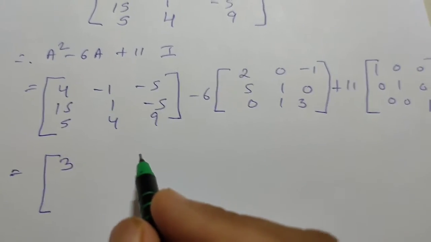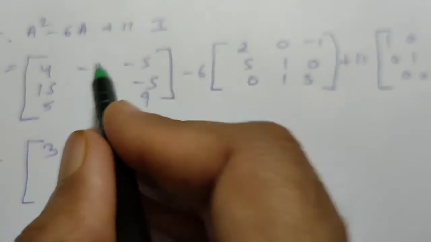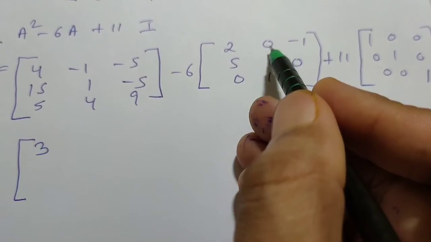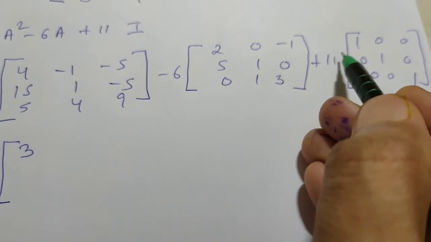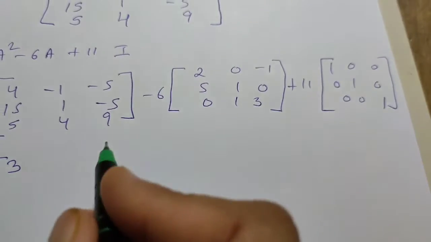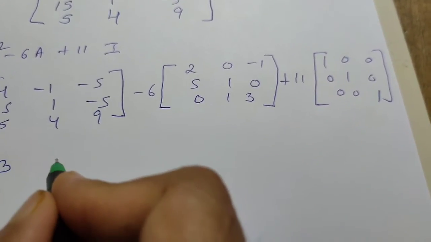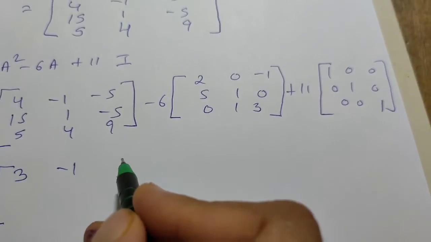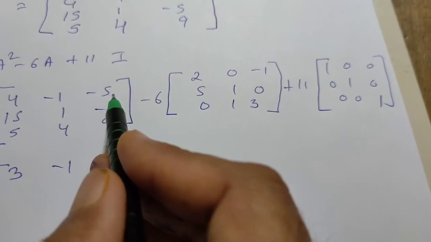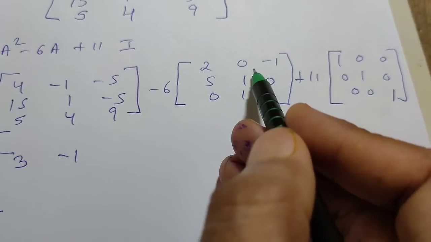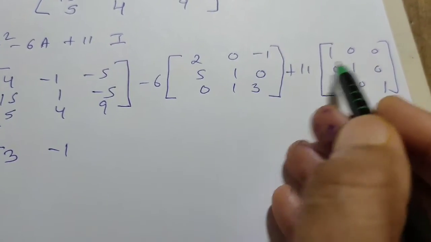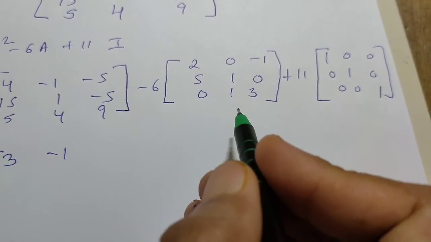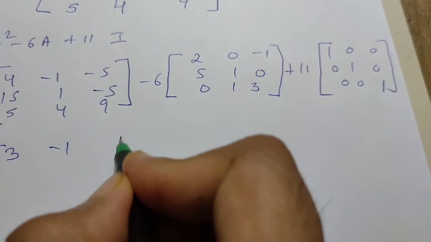Next, we will add minus 1 minus 6 into 0, that is 0, and 11 into 0 is also 0. So the total will be minus 1. Then the third entry of R1: minus 5 minus 6 into minus 1, that is plus 6, and this is 0. So minus 5 plus 6 will give us 1.